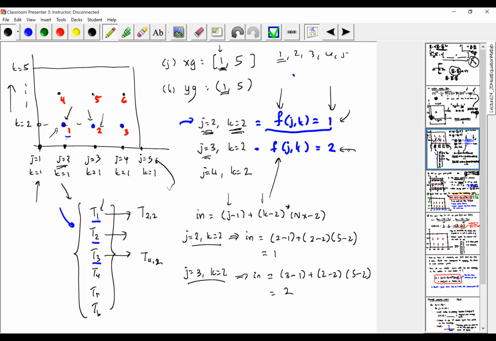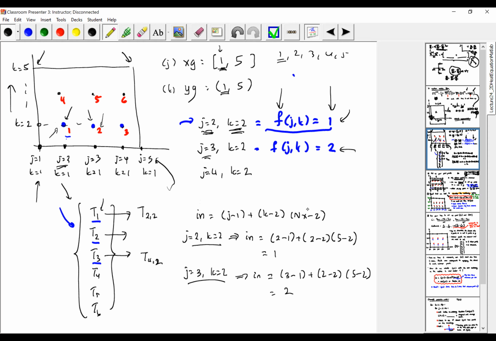So you can substitute in all the 6 values of j and k, and you'll find that the corresponding values of in will be 1, 2, 3, 4, 5, and 6. The reason for that is the way we are writing this. We don't want the 2 endpoints because they do not contribute to your column vector of unknowns.